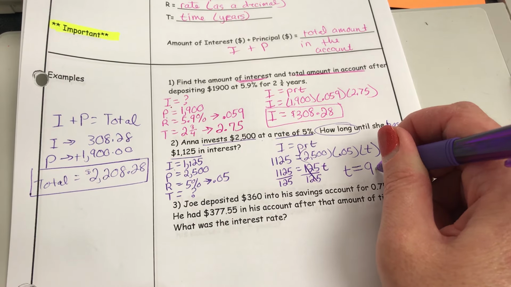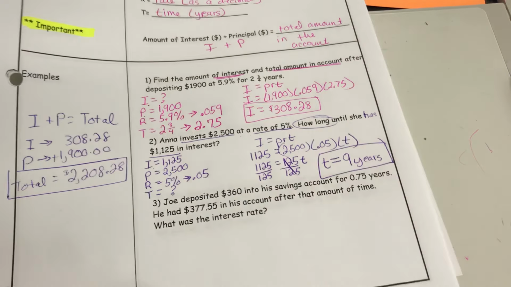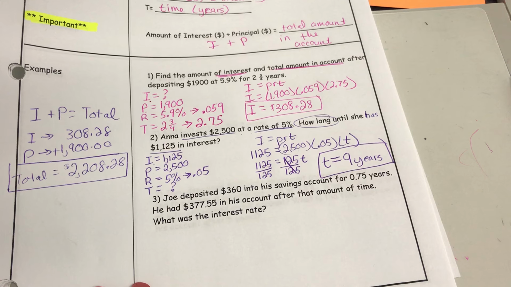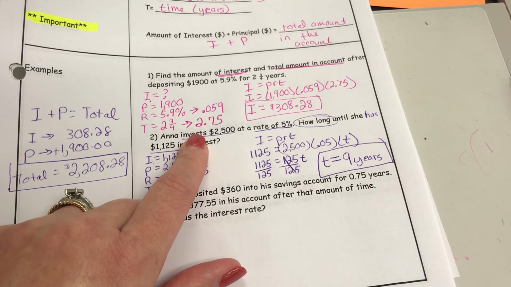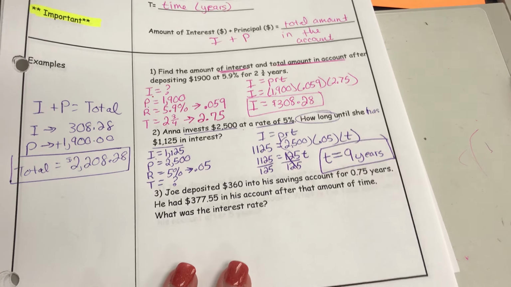Days, hours, minutes, years. 9 years. It's going to take 9 years for her to get $1,125 in interest. That's a long time. But if you leave the money sitting there and it gains interest by itself, you're good, right? Because she invested, so that means she probably deposited this in an account and she just didn't touch it for 9 years. Okay? All right.